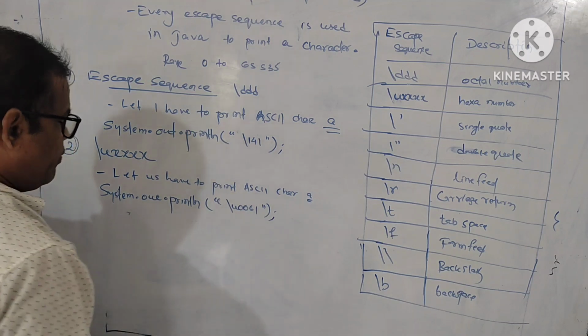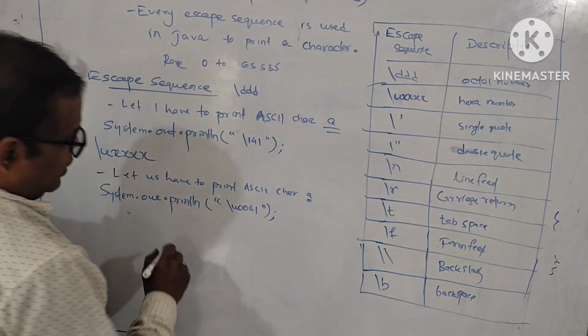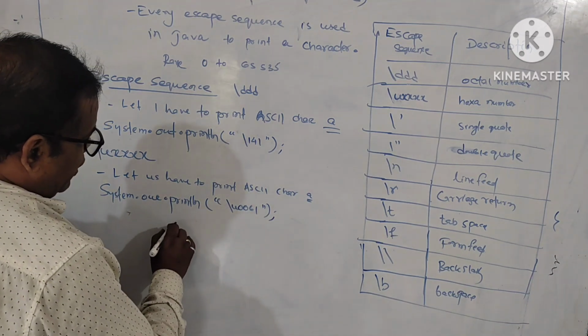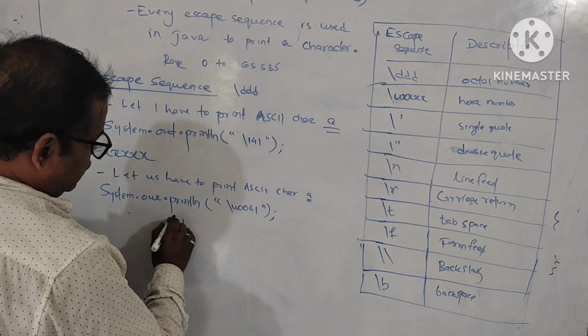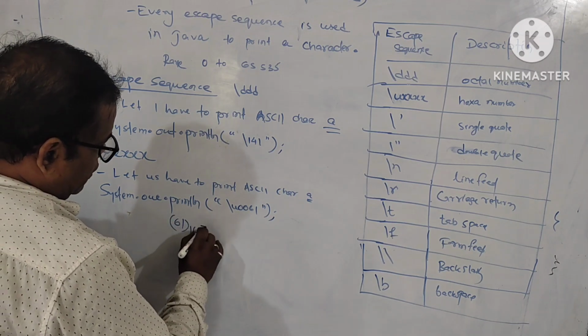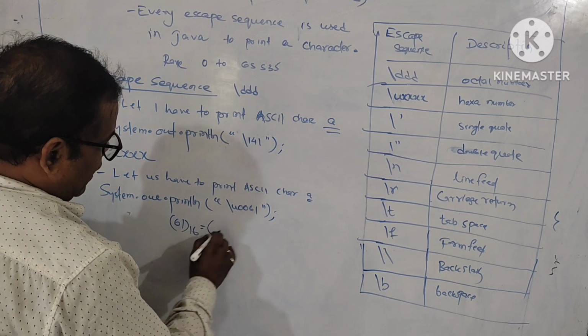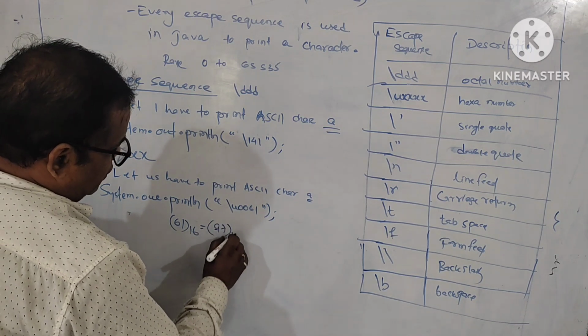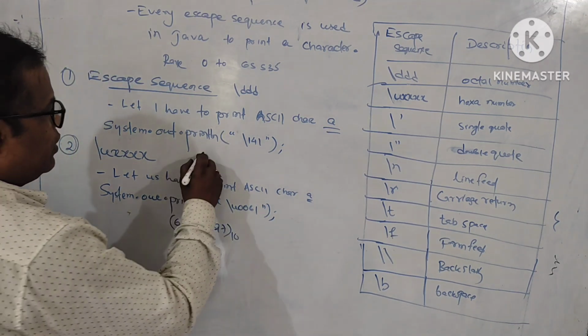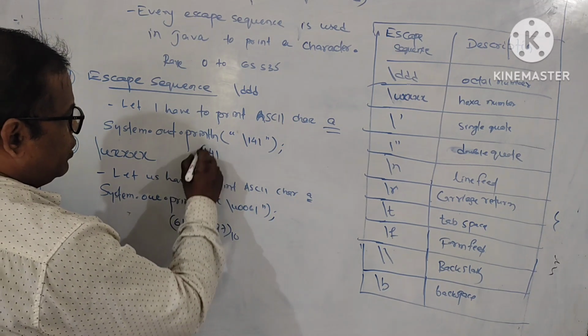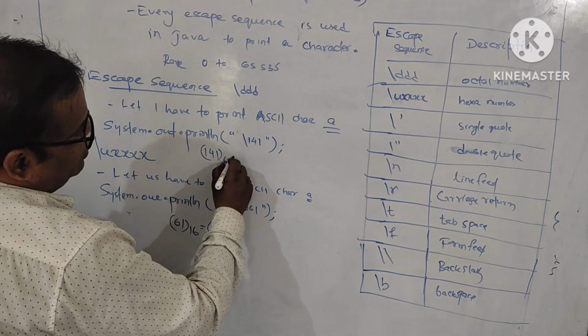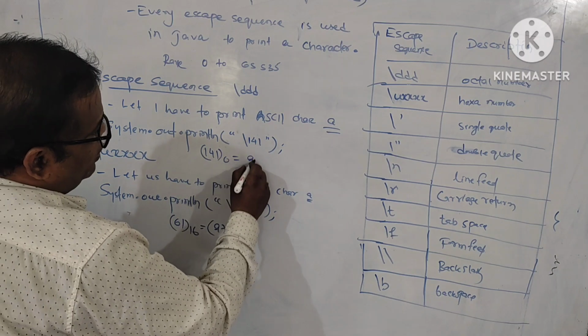Sir, how have I written this? The hexadecimal equivalent, with notation of base 16, is also the character 97 in decimal. Here 141 is the octal equivalent, which is equal to 97 in decimal notation.